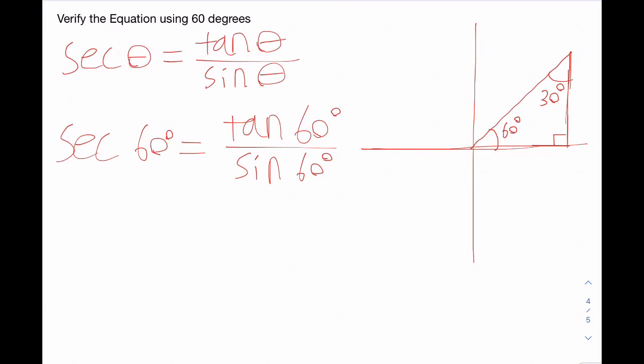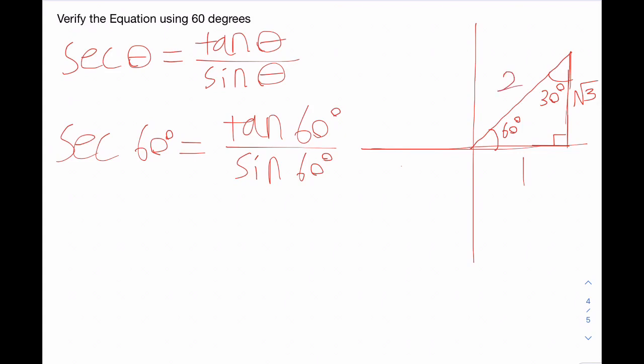Now guys, if we look at this triangle, it is a special triangle because there's a 60 degree and a 30 degree angle. So the side facing 60 degrees will be root 3, the side facing 30 degrees will be equal to 1, and our hypotenuse will be 2.